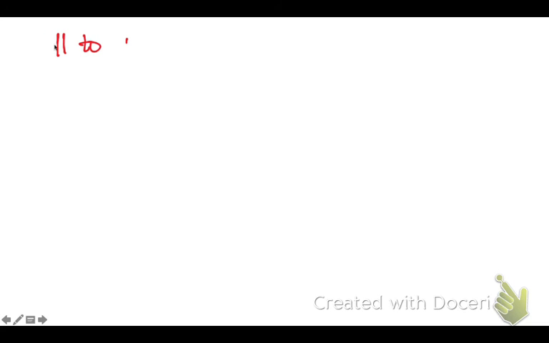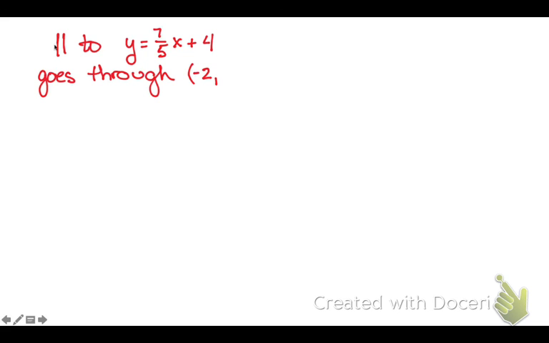To y equals 7/5 x plus 4. And goes through, I don't know, something obnoxious. -2, 4. How about that?